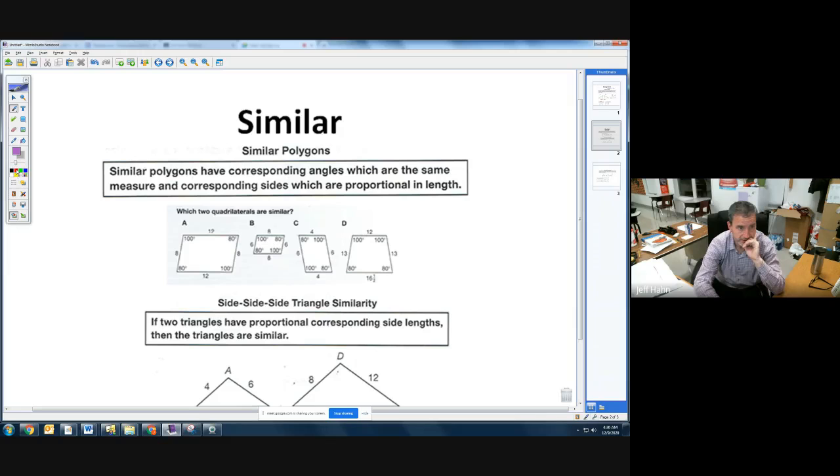Now, similar, when we defined it back in 6th grade and even in 5th grade, similar shapes have the same shape, but not necessarily the same size.